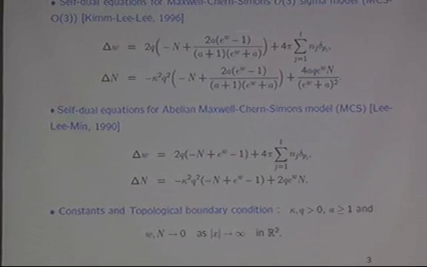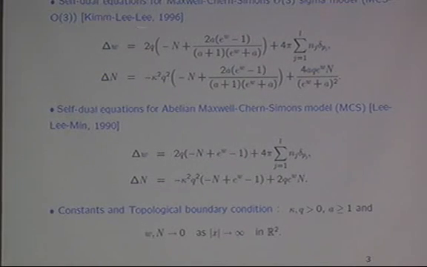For the O3 model, these people studied the Maxwell-Chern-Simons model following the idea of these people. So we can compare this system with this system in both physics and mathematics.